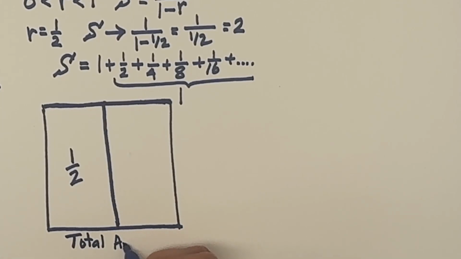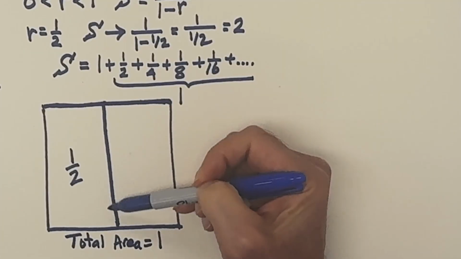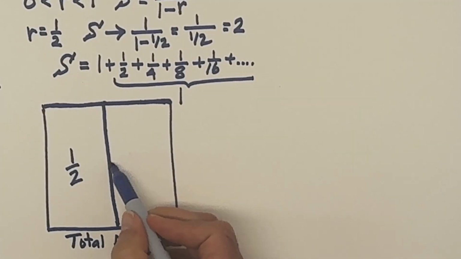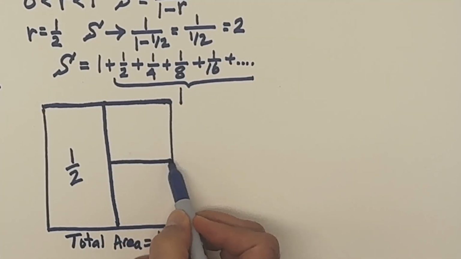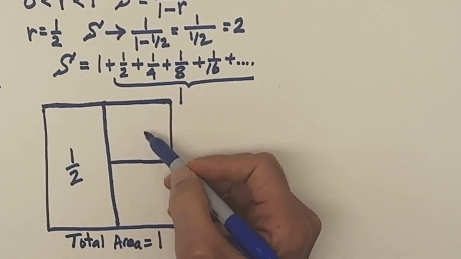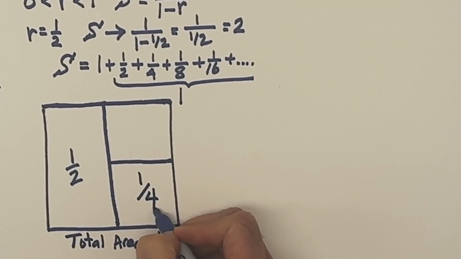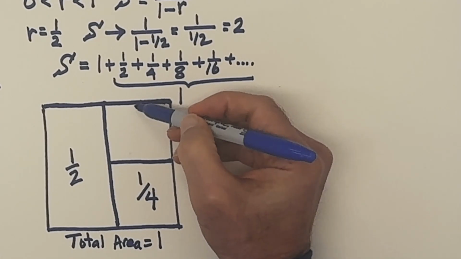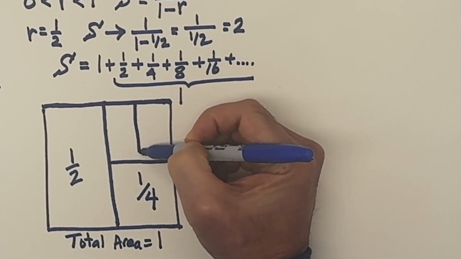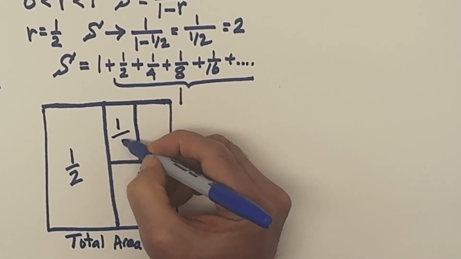The total area here is equal to 1. So this is then 1/2. And then watch this. If I divide this other part, which is 1/2 by 1/2, this is then 1/4. And then I'm going to divide this one going with the vertical line, so that this is 1/8.